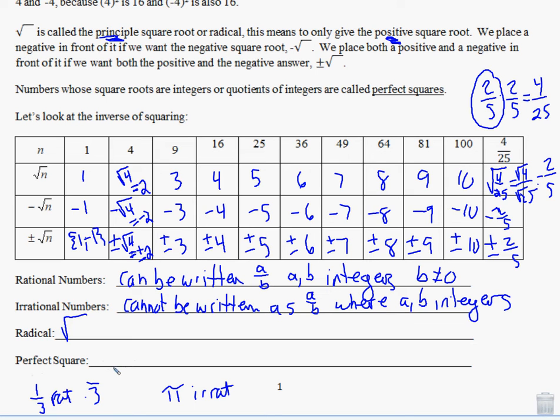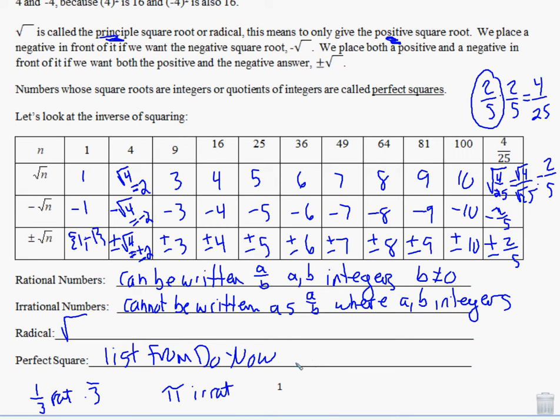A perfect square means that it comes from an integer being squared. It's the list at our do now, the do now list. And I have to tell you, of course, it goes on forever. I could square 13, I could square 14, and so on.